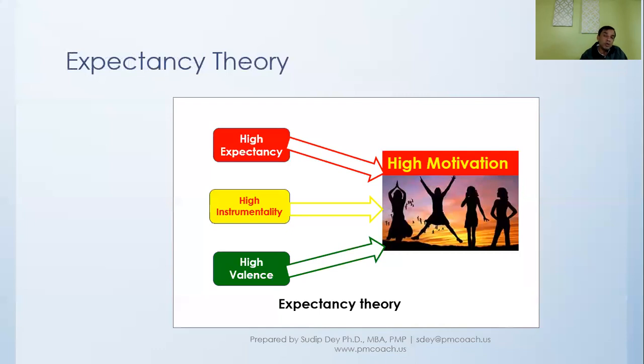Now, whatever outcome they're getting, that should be desirable, which is the high valence. And when all these three come together, that is when that sales rep will be highly motivated to go ahead and get more and more sales. So this expectancy theory talks about high expectancy, high instrumentality, high valence, and that leads to high motivation.